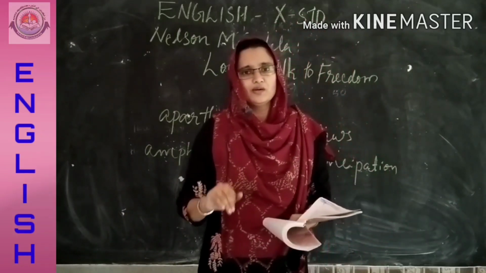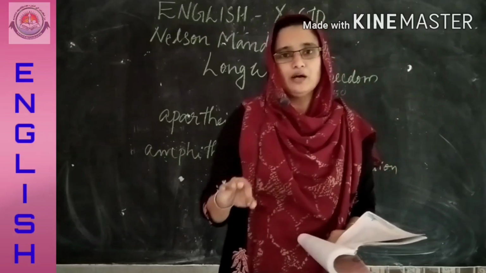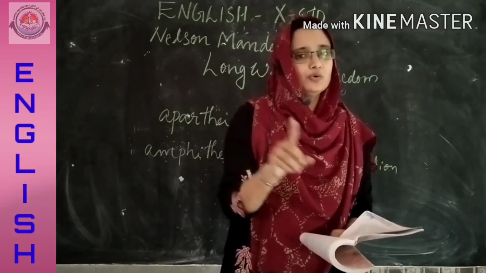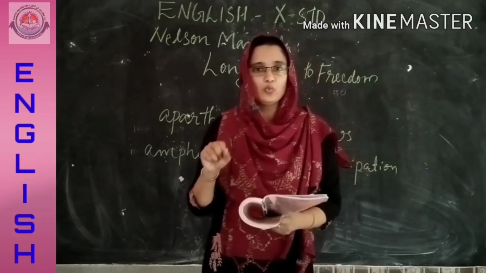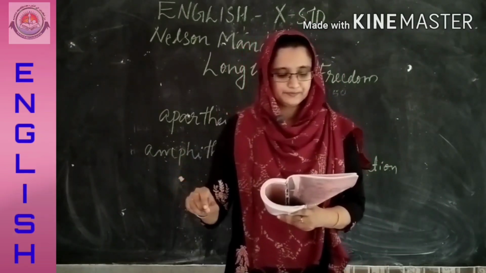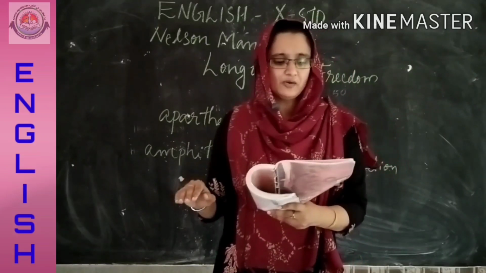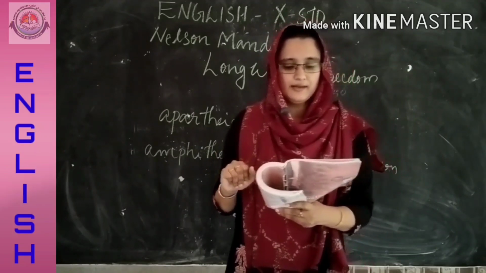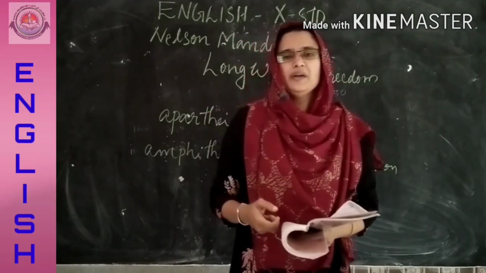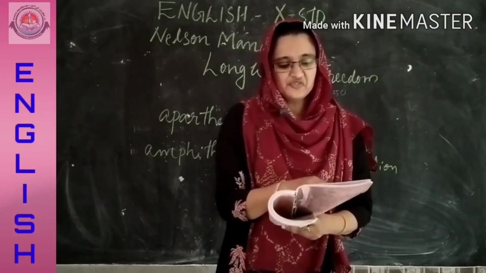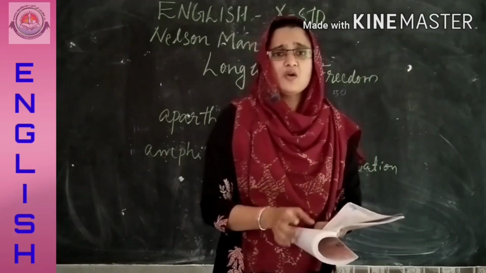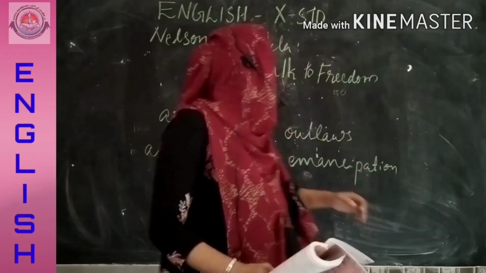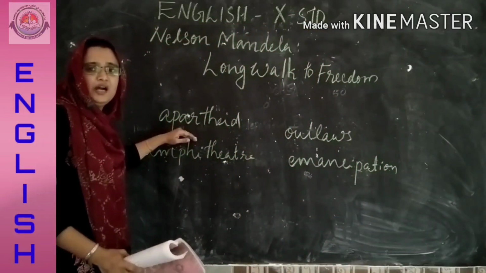Why did he use the words newborn liberty for the South African people? For the black people, liberty is really a new word. That is why he used the words newborn liberty. Out of the experience of the extraordinary human disaster that lasted too long. What is that extraordinary human disaster? That is nothing but apartheid.